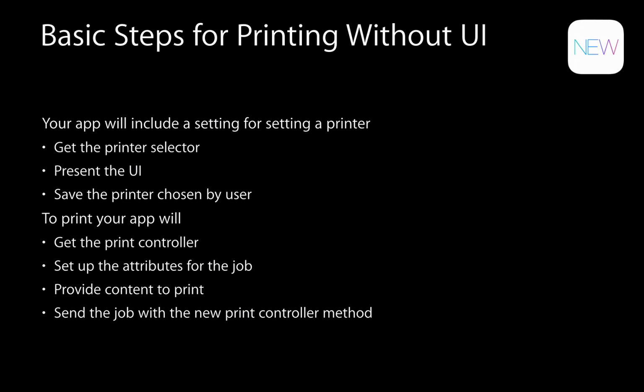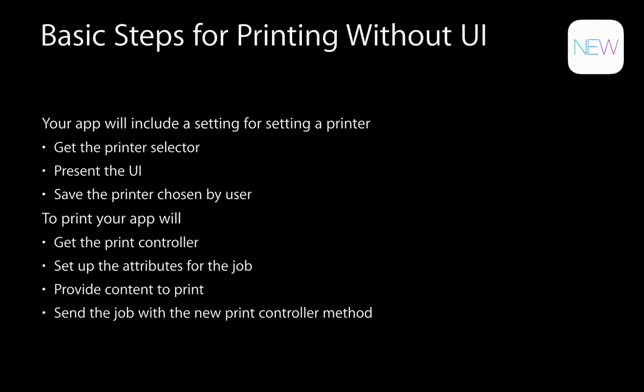So the basic steps for printing without a UI. First, your app will include a setting for setting the printer. This is in the app settings somewhere or in a settings button somewhere. So to do that, you'll first get the printer selector, this new class. You'll present that UI. Then you'll save the printer chosen by the user. So the user will be choosing a printer. It's the app's responsibility to save that.